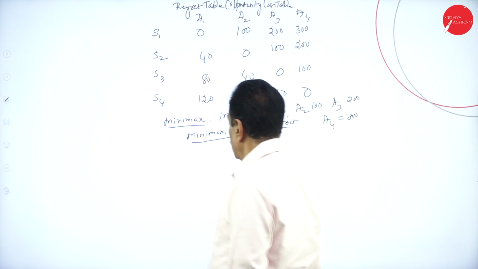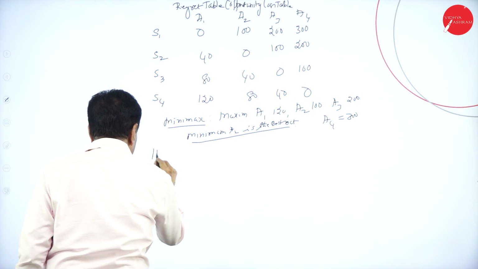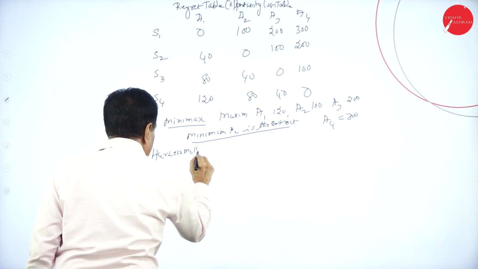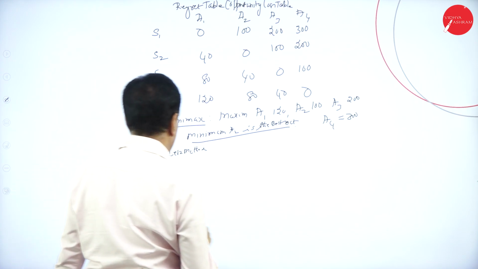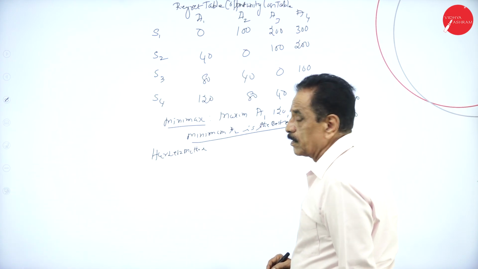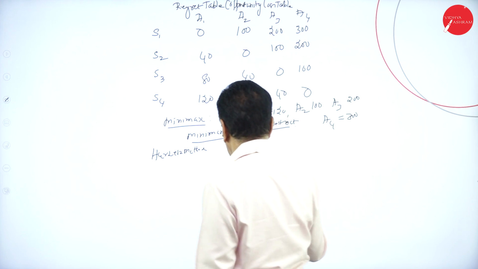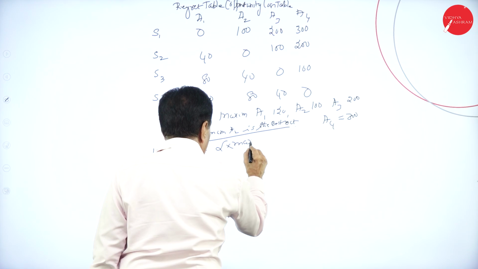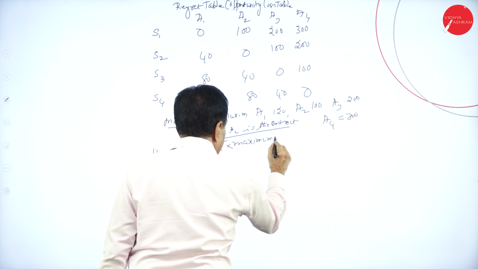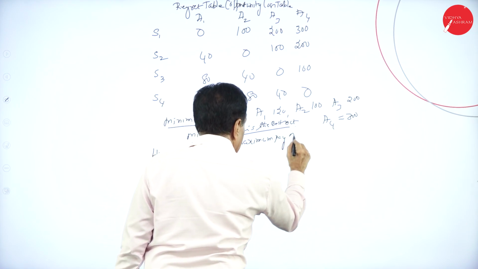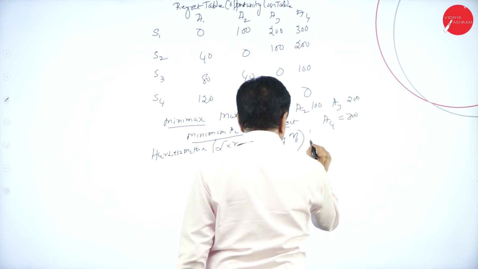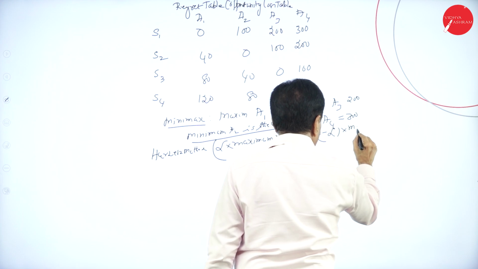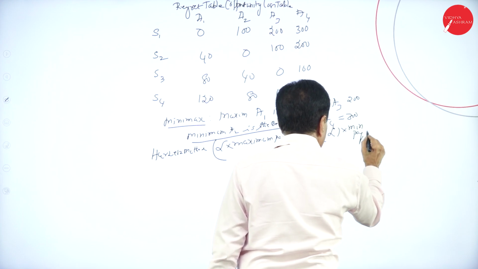Last one, Hurwicz method. Alpha into maximum payoff plus 1 minus alpha into minimum payoff.